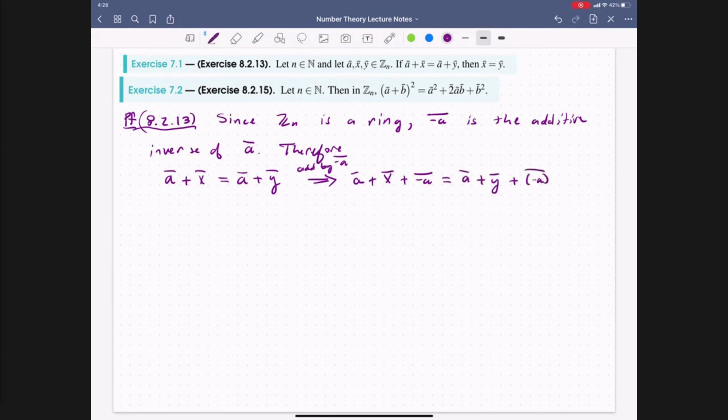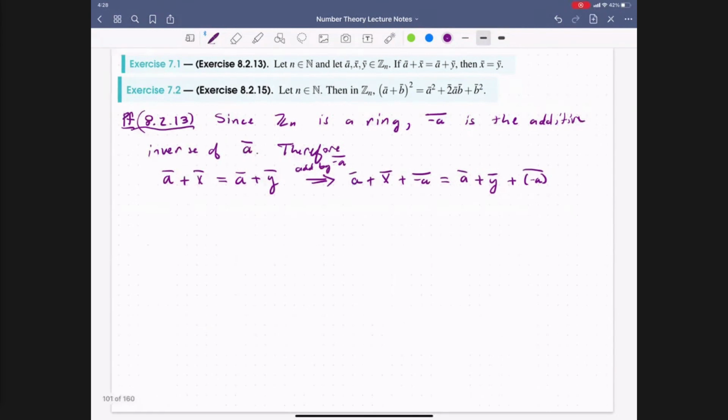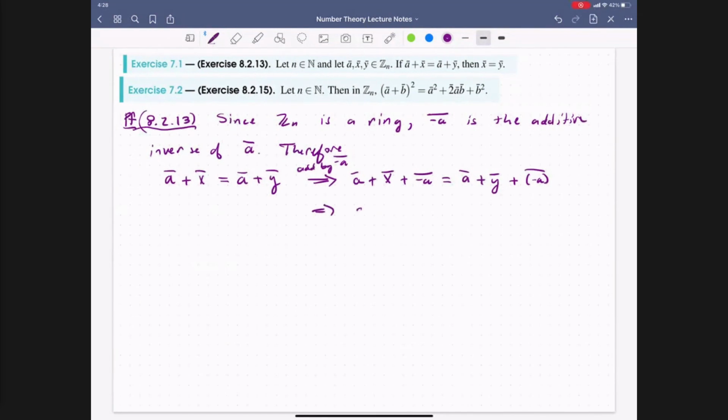But the fact that a bar plus minus a bar is equal to 0 then tells us that this here is just going to be x bar plus 0 bar is equal to y bar plus 0 bar. And technically, I skipped a step. If you have taken abstract algebra, one of the things that's drilled into you is that you do want to use the axioms, especially if you have something that is non-commutative.